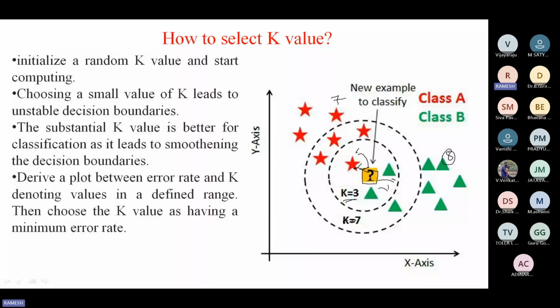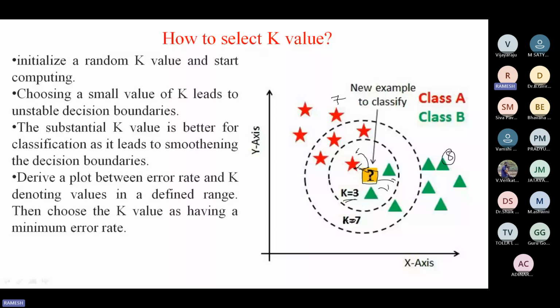To eliminate this ambiguity: is k equal to 3 suitable, or k equal to 5, or 7? Which k value is correct? So for that, our target in k nearest neighbors is to select the k value for which we get less error, or highest accuracy if it is classification.